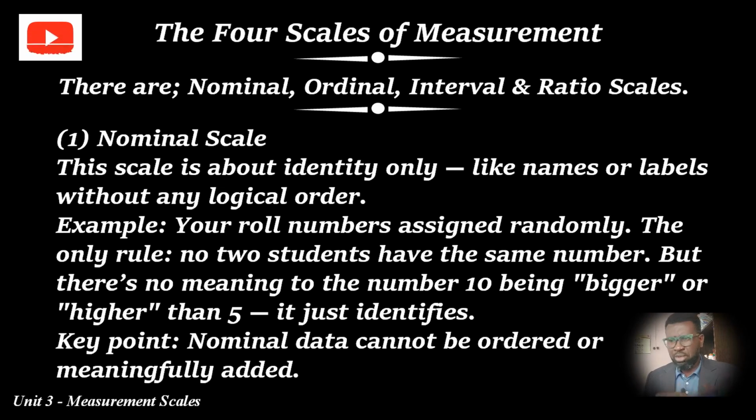For example, your roll numbers are assigned randomly. The only rule is that no two students have the same number, but there is no meaning to the numbers, number 10 being bigger or number 5 being smaller and all that. It's just for identification purposes. The key point here is that nominal data cannot be ordered or meaningfully added.